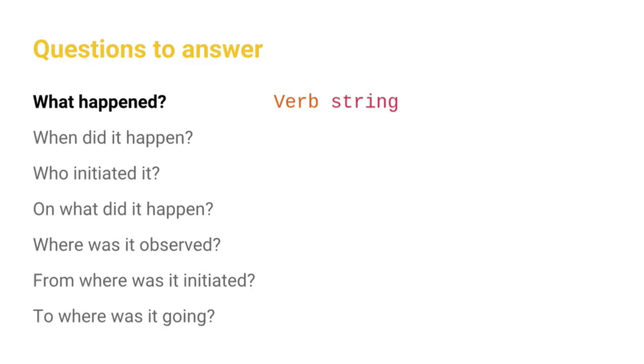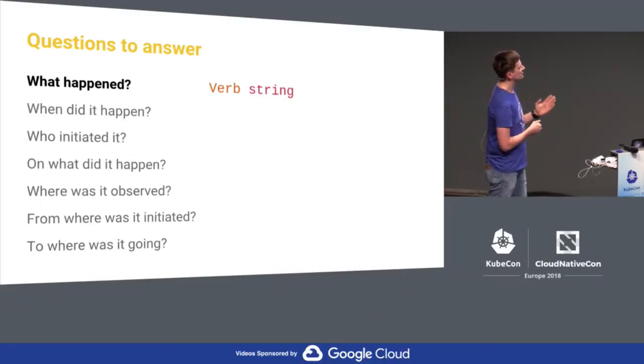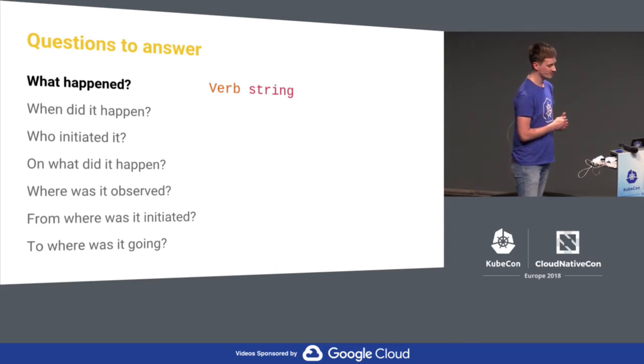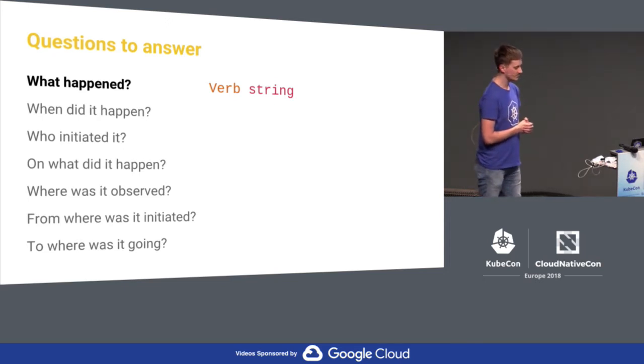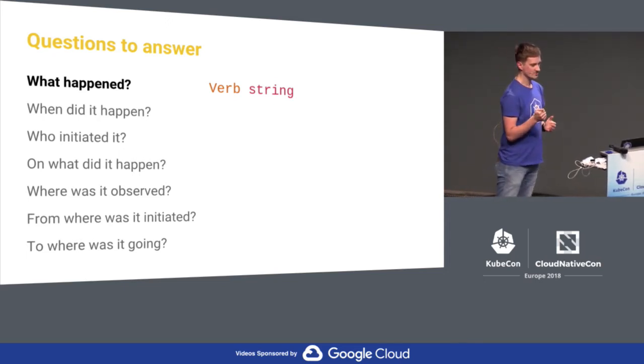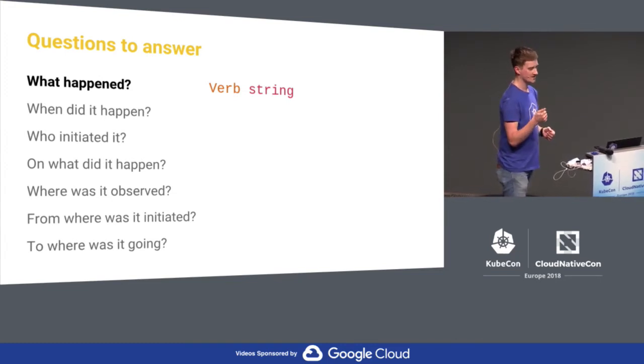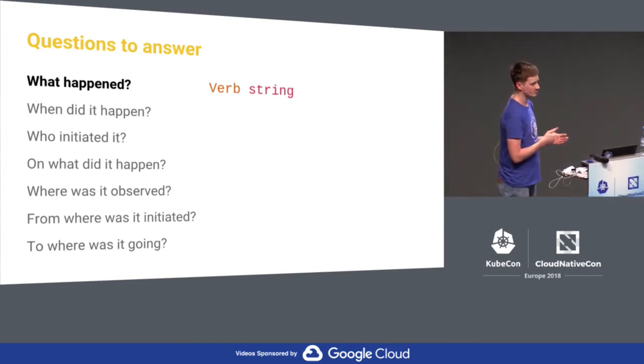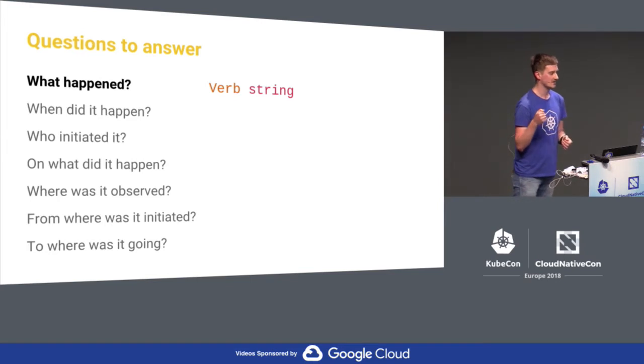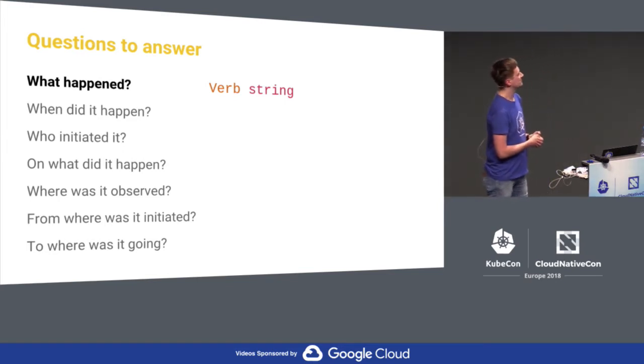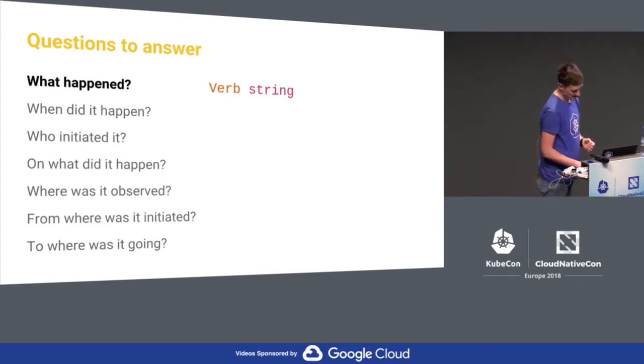Has someone got a config map or a secret? We store this information in the verb field of the audit event. For resources, it contains information like create, update, delete. For non-resource objects like healthy, it just contains the HTTP method name like put, post, etc.